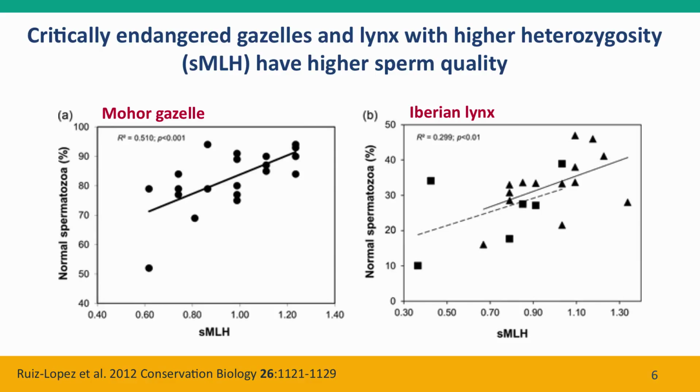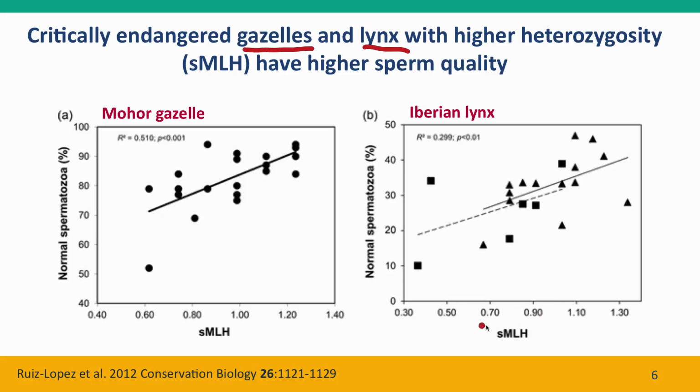I've got a couple of examples of the consequences of inbreeding for fitness. This is data for two species, a gazelle, the mohair gazelle, and the Iberian lynx. And the researchers measured heterozygosity. That's the easiest way to get an estimate of the amount of inbreeding in an animal's history. When you don't know their genetic history, you simply test how many of their alleles are heterozygous and how many are homozygous.